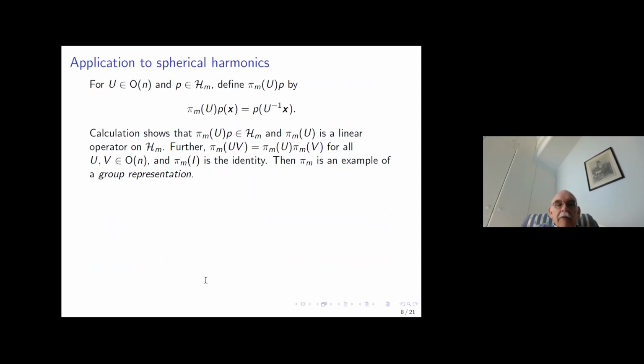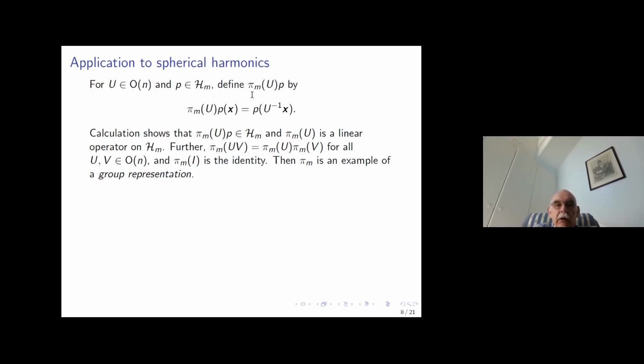So now it's time for my application, spherical harmonics. If I have an orthogonal matrix u, and if I have a polynomial P, and remember from yesterday, this is the homogeneous harmonic polynomials of degree m. So P is a polynomial, it's homogeneous of degree m, and it's harmonic.